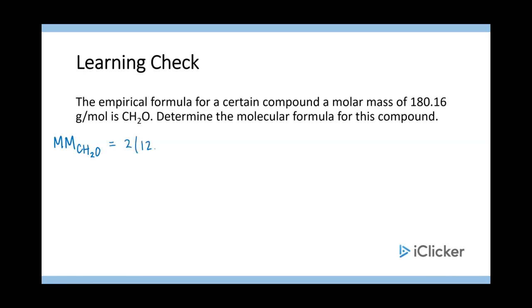So that's 1 times the molar mass of carbon, we'll put in units, grams per mole, plus 2 times the molar mass of hydrogen, and 1 times the molar mass of oxygen.